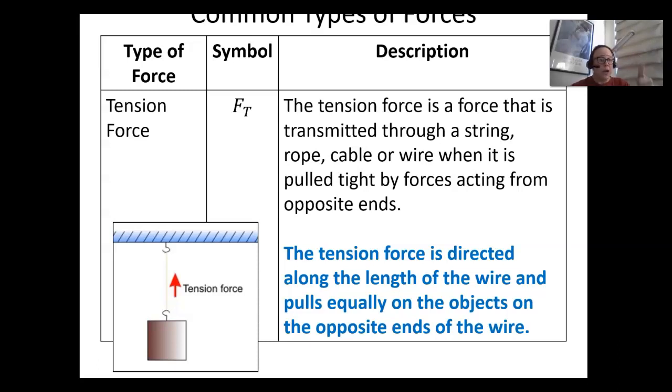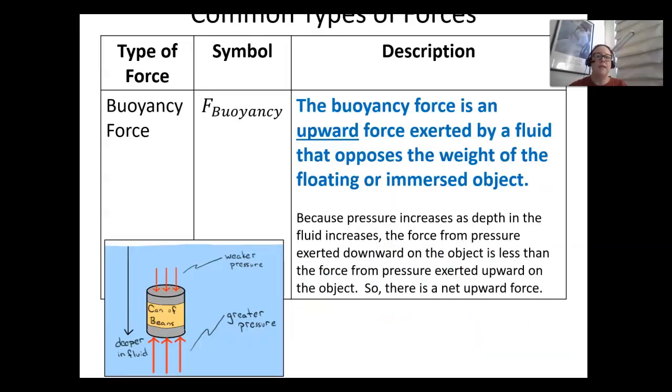So, I talked about how the wire is supporting that mass and not letting it fall. But on the other hand, the wire is pulling down on the ceiling. It's exerting a force on the ceiling at the other end of the wire. There's also a buoyancy force. This is less common, thankfully, because we just use the symbol F with buoyancy as a subscript. But the buoyancy force is an upward force that's exerted by a fluid that opposes the weight of the floating or immersed object.